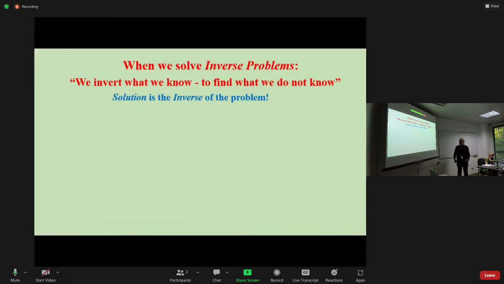Okay, so about inverse problems, actually you all, from what I've been hearing today, when you do imaging, you solve inverse problems, you don't reflect so much about it. But otherwise, if we stop thinking about it, when we solve inverse problems, we invert what we know to find something we don't know, and this way a solution is the inverse of the problem.